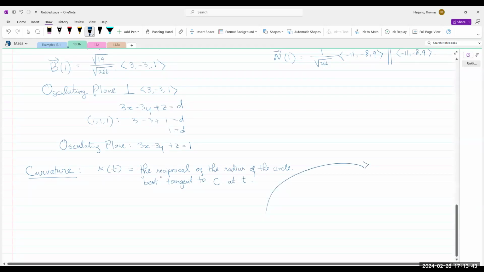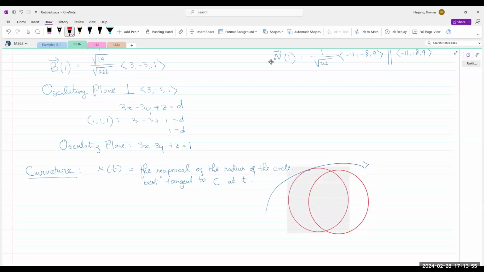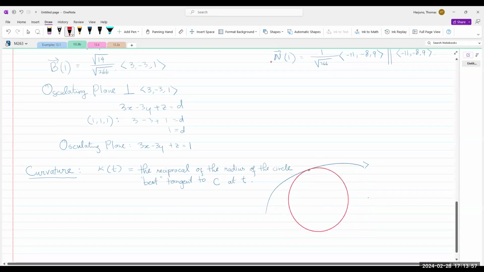And it has to be a circle. So let's say this is the circle that fits best, right? Now the radius is A. So we have the tangent line, right? Think of this circle as the tangent circle.